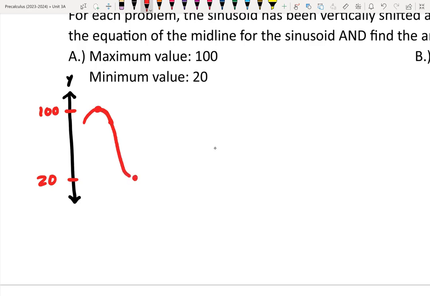And then after hitting 20, what is it going to do? Go back up to 100. And then once it hits 100, what is it going to do? Go back down to 20, and then back up to 100, and so forth, right? So we have that sinusoidal kind of relationship going on.